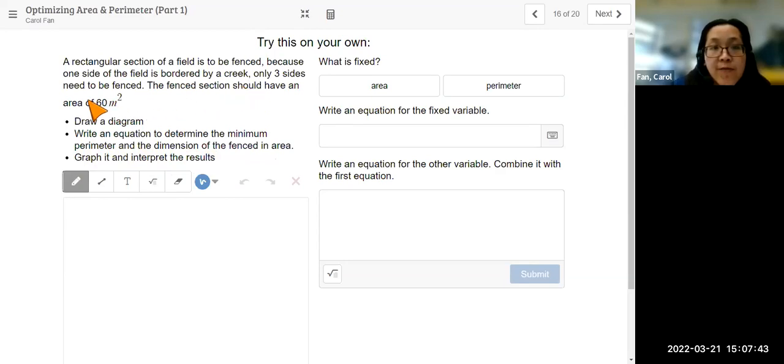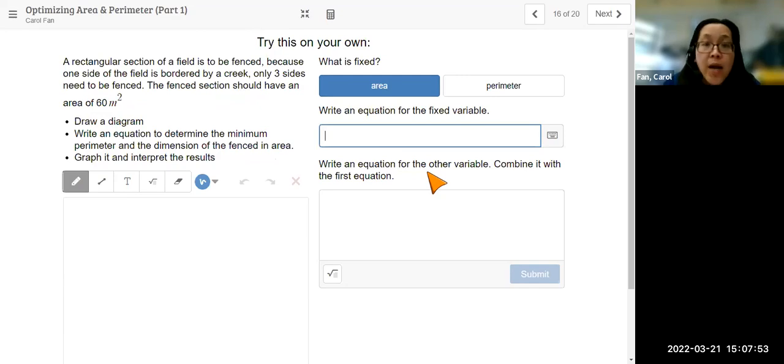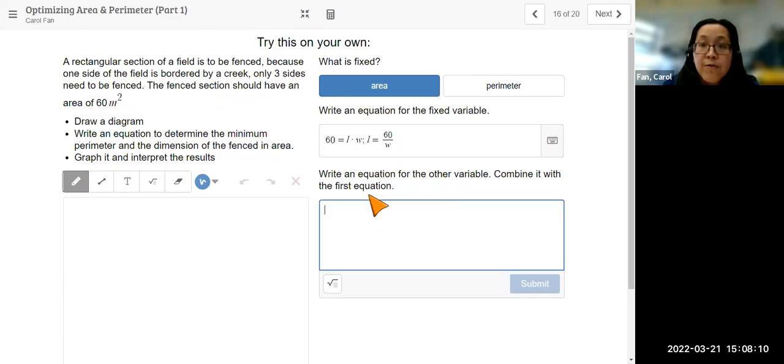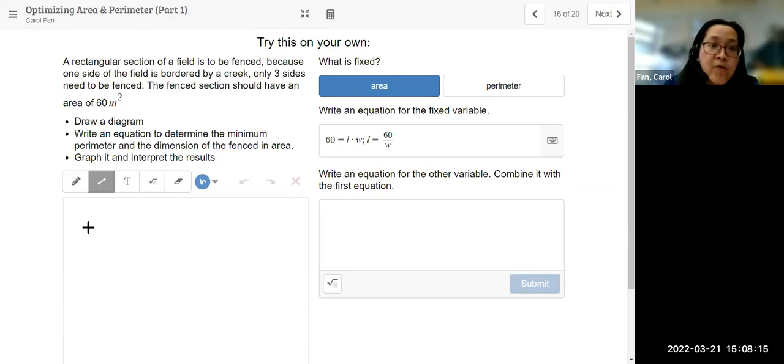Now we know that the fenced area has to be 60 meters squared. So that means the area is not going to change. So our area is 60 is equal to length times width. Now I could change that to say that length is equal to 60 divided by W, and it's still meaning the same thing. So for the other variable, let's combine it with the equation. So, before we do that, let me draw my diagram.